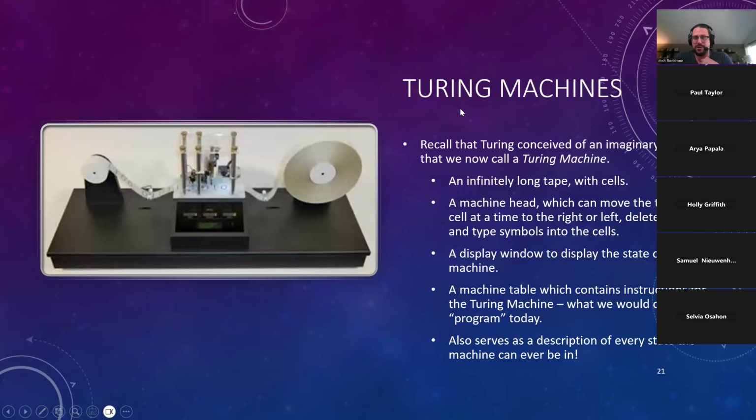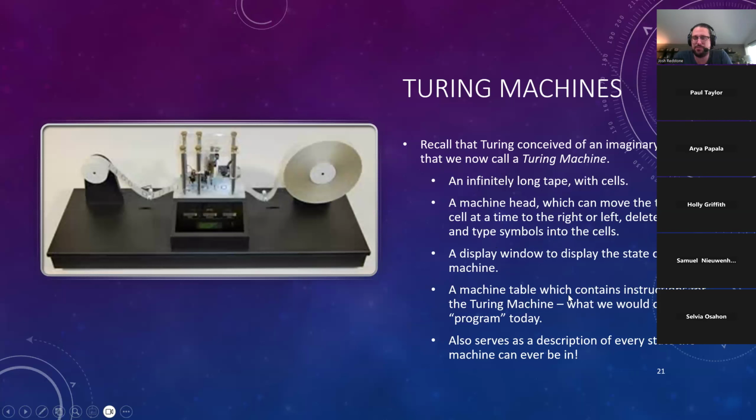So, what's a Turing machine? It's got an infinitely long tape, which you can see here. On the tape, there are cells, which we can write information into, delete information, all symbolic information. It's got a machine head right here. It moves the tape to the right or the left, writes symbols, deletes symbols, etc. It's got a window that displays the state of the machine.